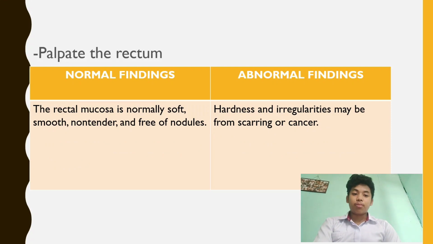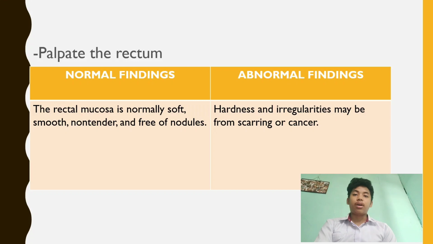Palpate the rectum. Insert your finger further into the rectum as far as possible. Next, turn your hand clockwise, then counterclockwise. This allows palpation of as much rectal surface as possible.